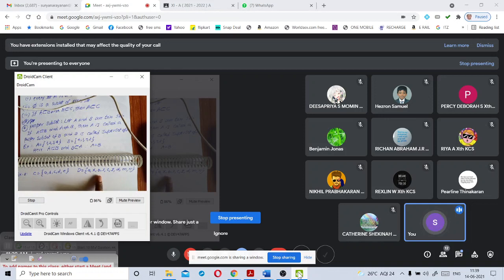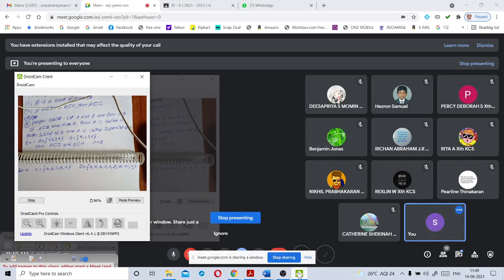Please observe the two sets carefully, my dear children. Can set C be said to be a subset of set D? Why, my dear Rexlin? Why is set C not a subset of set D? Sir, E is not there in set D.